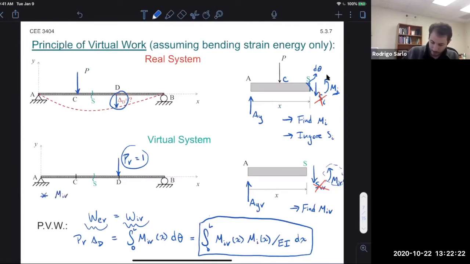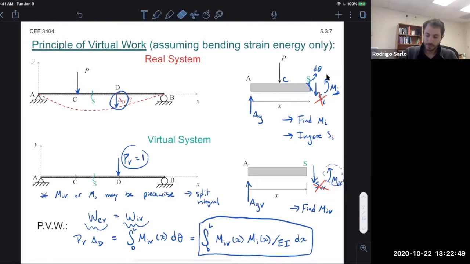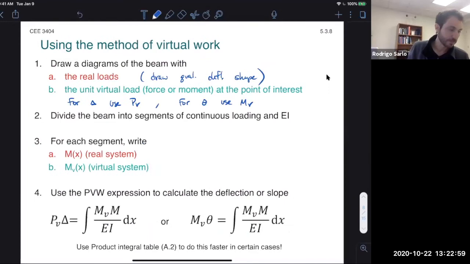MIV or MI may be piecewise, right? Especially if there's discontinuities like a load P here, right? That's going to create a discontinuity in the moment. And so you may have piecewise functions. That's okay. Just split the integral into different segments of continuous functions, and then you can sum them up at the end. So this is what this is saying, okay?